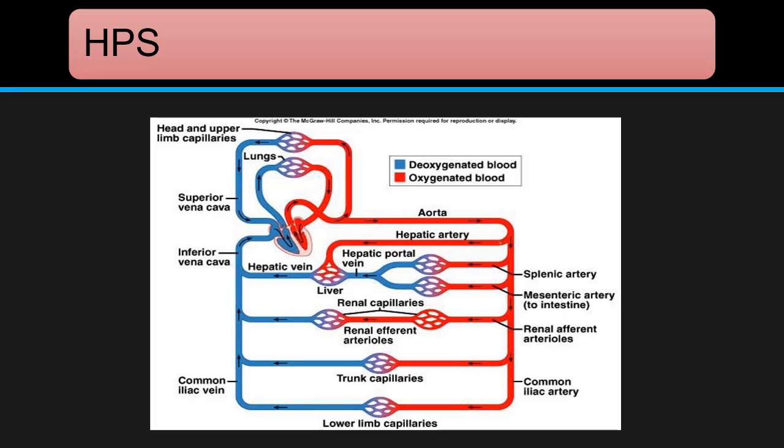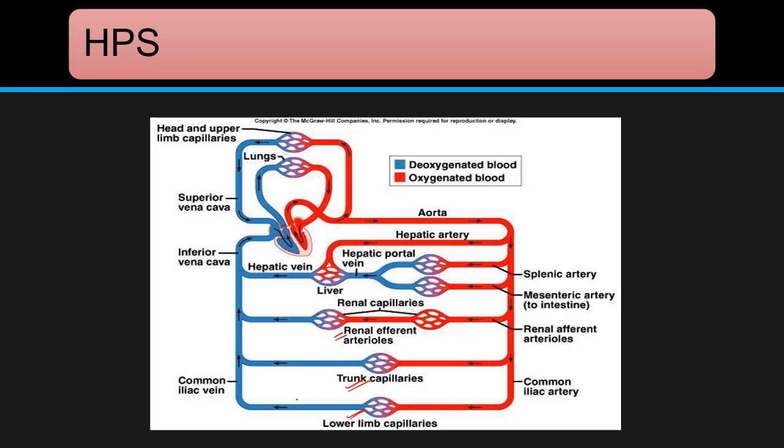This blood is passed then to the hepatic artery, the splenic artery, then the mesenteric arteries, superior and inferior, to the intestine, then renal arteries or renal afferent arterioles, and the common iliac artery. Now it makes a capillary junction. These are lower limb capillaries, trunk capillaries, renal efferent arterioles or renal capillaries, and then the hepatic capillaries.